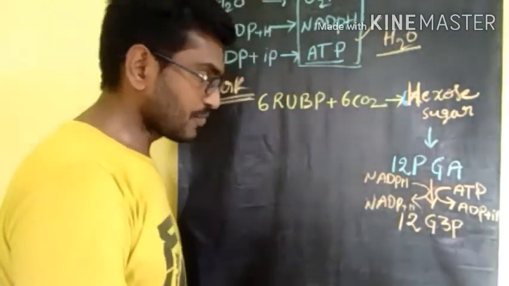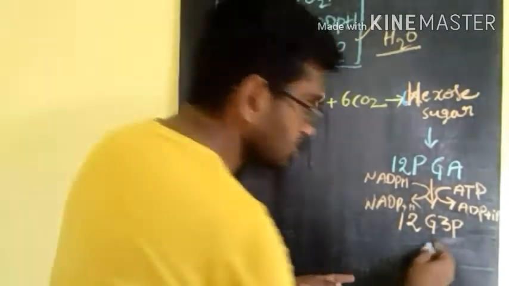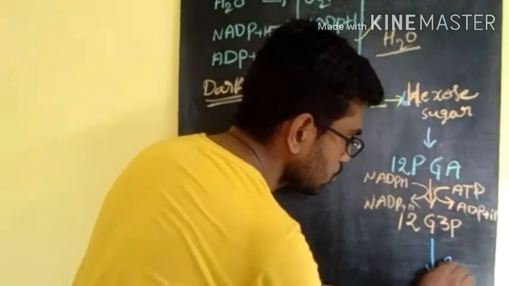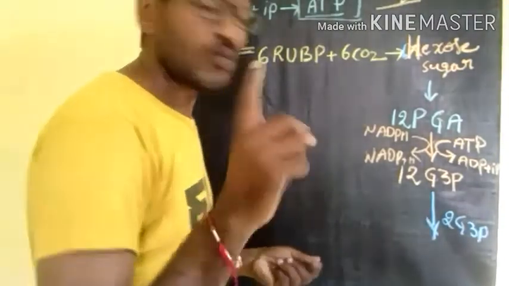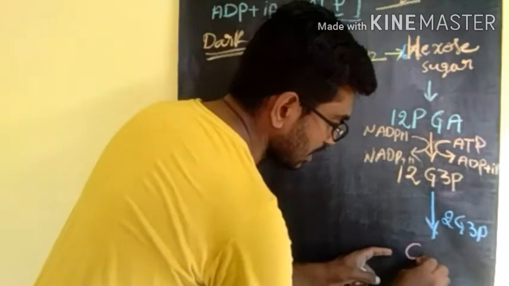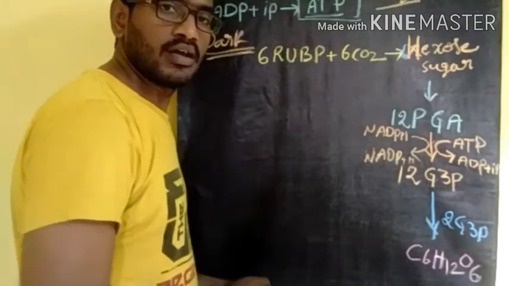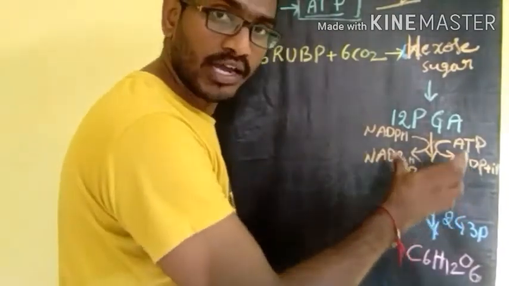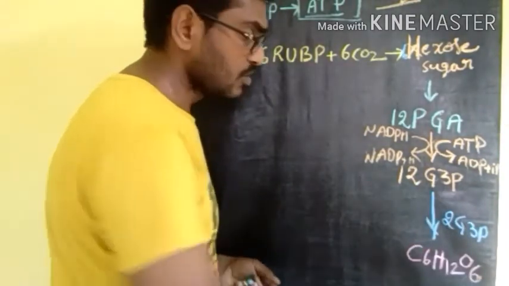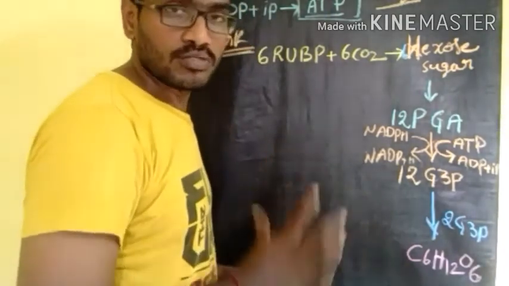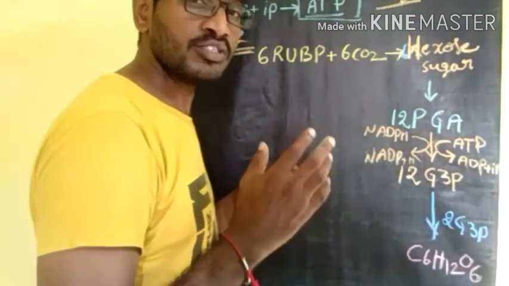Among these 12 molecules of glyceraldehyde 3-phosphate, 2 molecules, after undergoing many changes, convert to 1 glucose molecule. What is the formula? C6H12O6. Then how many glyceraldehyde 3-phosphate remain? About 10.